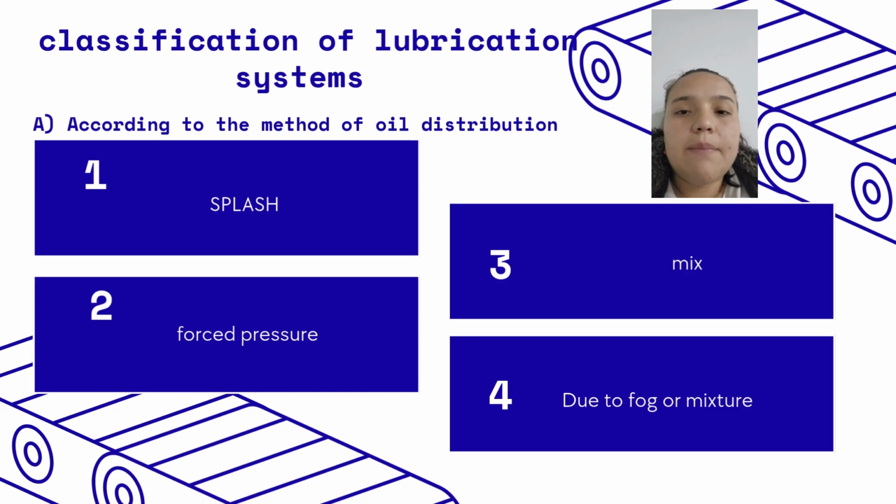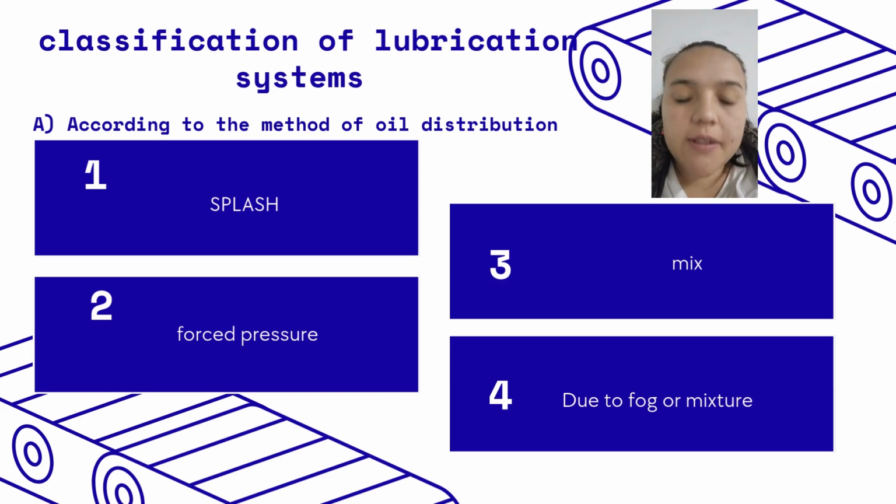The next is by mixture, used in two-stroke engines, where the oil is mixed with the fuel or delivered from a lubrication mist. The lubricant is burned along with the fuel.